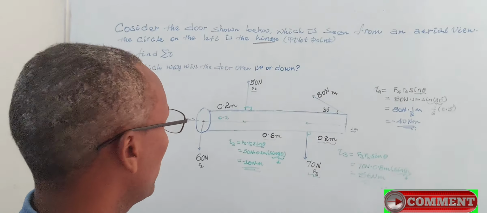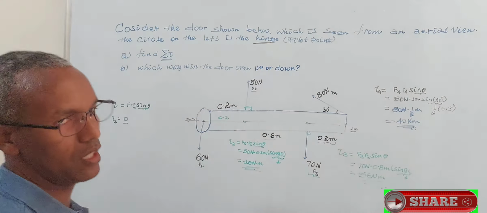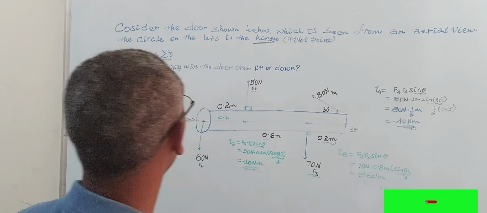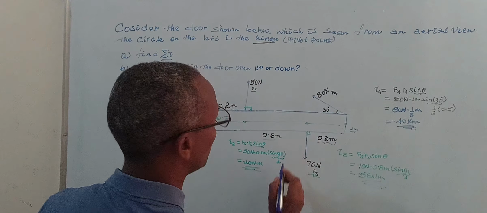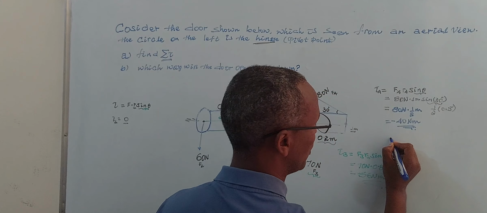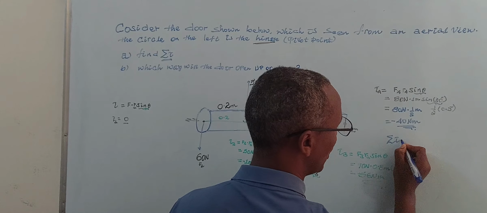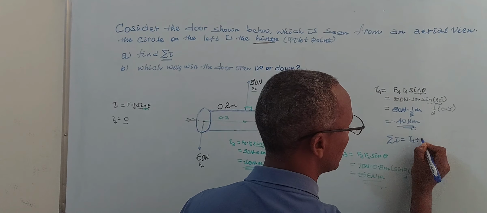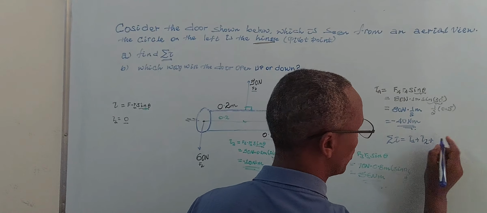Now we need to find the total torque. The total torque, the summation of torque, is equal to torque 1 plus torque 2 plus torque 3, and so on.